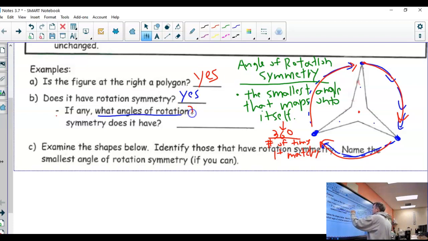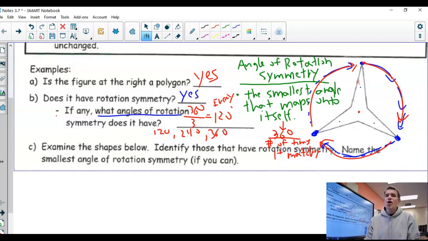So the angle of symmetry would be 360 divided by 3, or every 120 degrees. The angle of rotation that gives it symmetry would be 120 and then 240. And you could say 360, but all shapes have 360, and if that's all they have, then they do not have rotation symmetry.